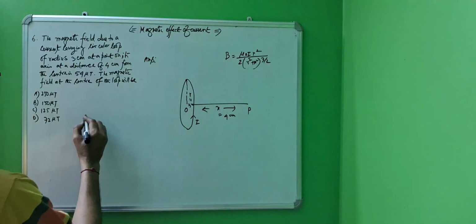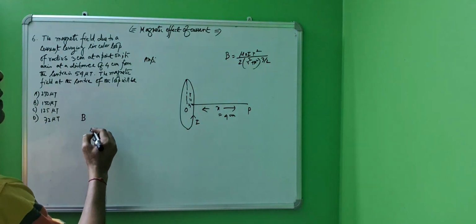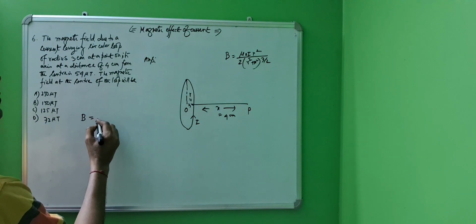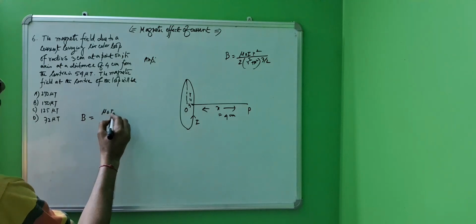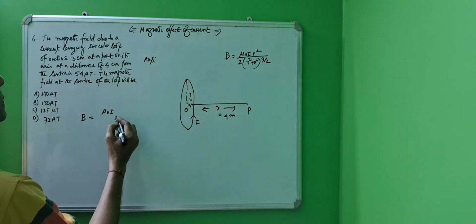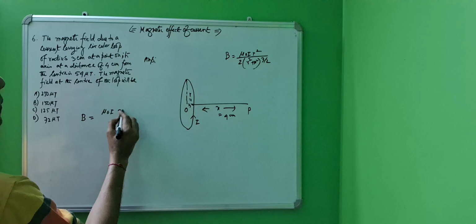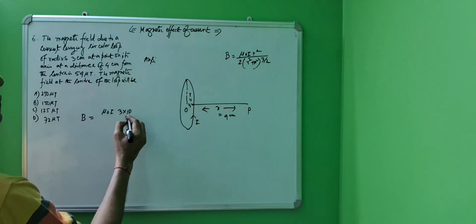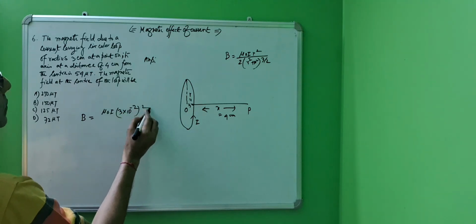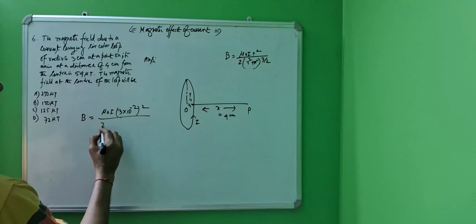So we know B at P equals mu 0 I, 3 into 10 to the power minus 2 whole square, this divided by 2.